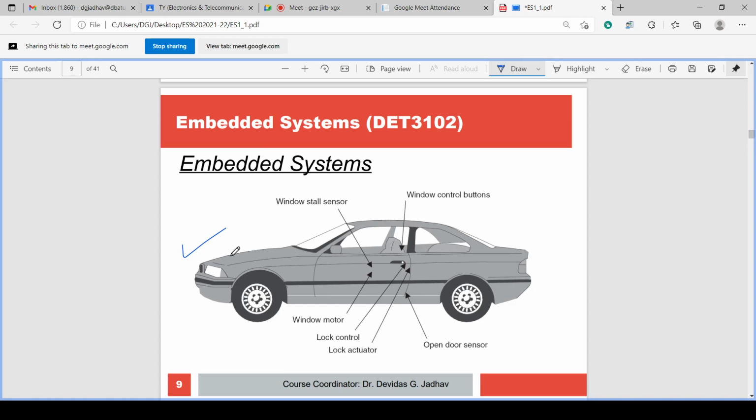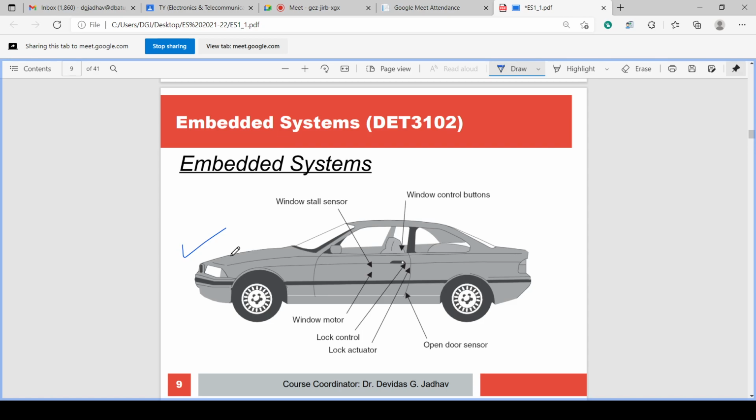And many more facilities are provided. The sensors are provided for the accident, and if the vehicle meets an accident, the sensors sense the impact of the accident, and immediately they open the airbags inside the vehicle. Airbags protect the passengers inside the vehicle, driver as well as all the passengers.